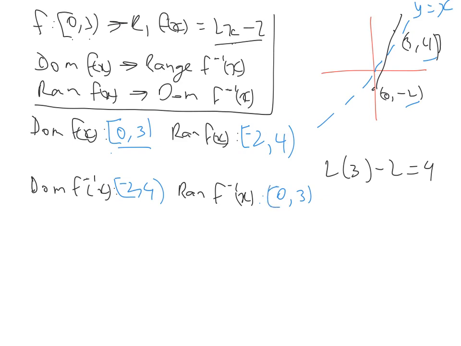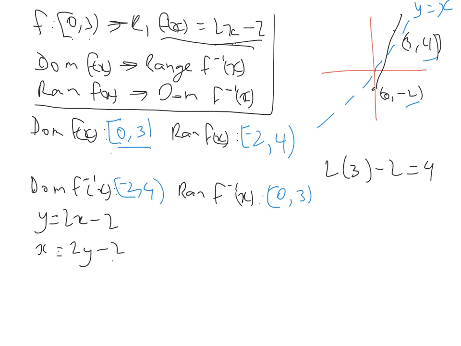Then, from there, you'll also be asked to determine the rule for the inverse, or the inverse function, or the equation, or whatever the wording is. To do that, we take our equation and write it in terms of y. So we write y equals 2x minus 2. Then we swap x and y over, we interchange them. So this becomes x equals 2y minus 2. Now we solve for y.